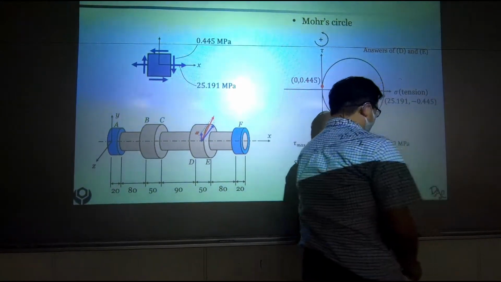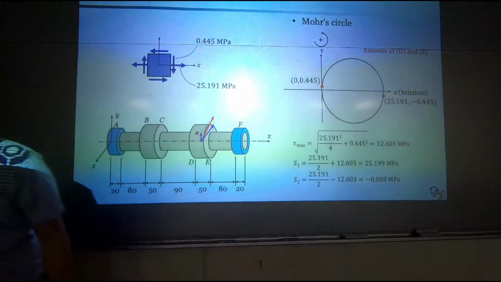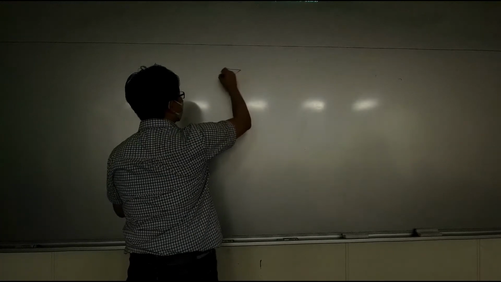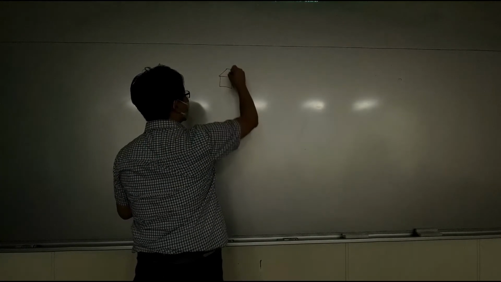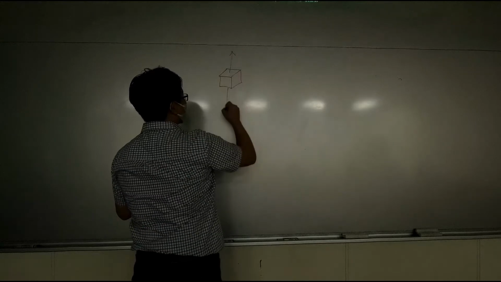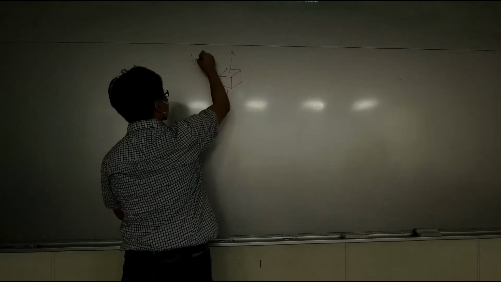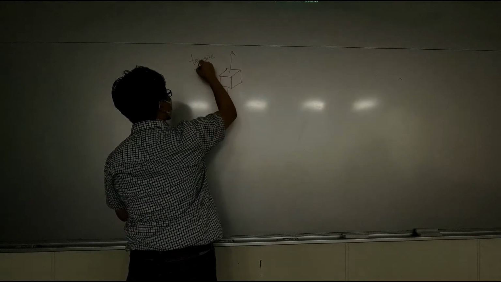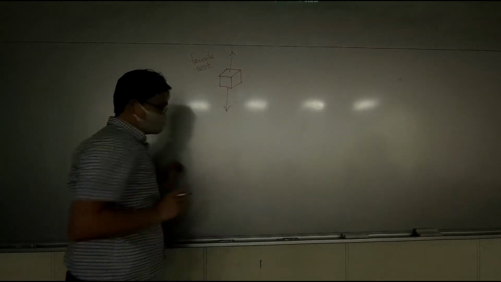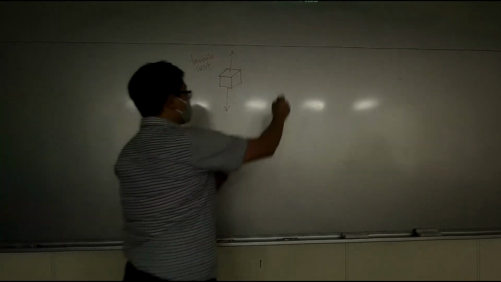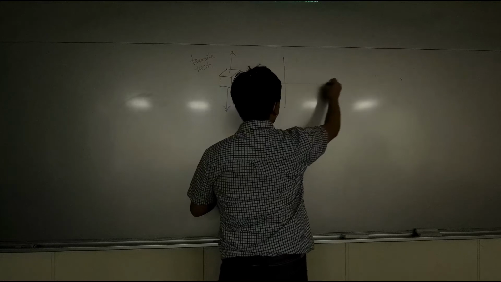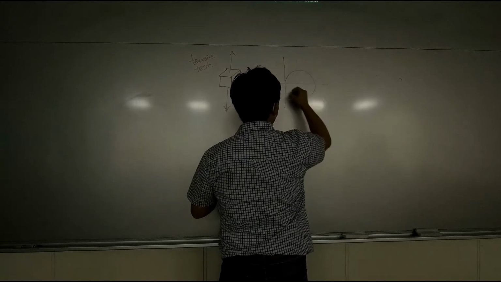Let's think about a material, a tiny material, and it's under tensile test. Okay? In my previous video, I actually told you the Mohr circle of a tensile test looks like this.